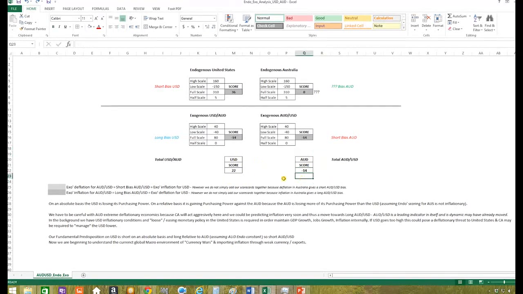Now, what happens if we stress test this analysis and we end up, for example, on the Australian side, getting a total number through our overall analysis, a total number that's positive? Well, this would mean that we have inflation or inflationary conditions on the side of the Australian economy, and we would end up having a long bias on the Aussie dollar, US dollar exchange rate.